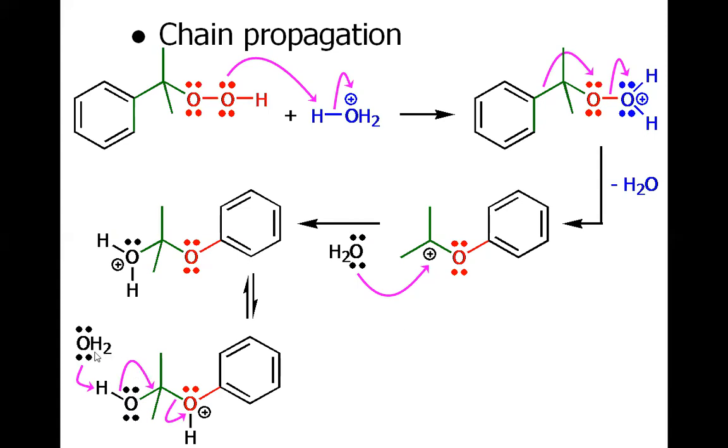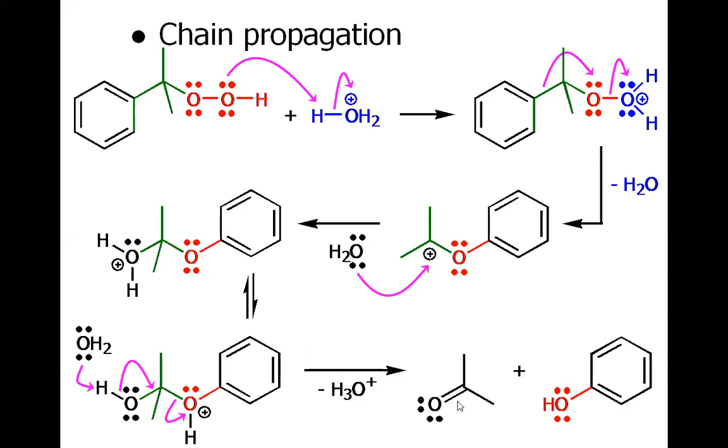And how is acetone formed? The water molecule will abstract this hydrogen, and then there will be an oxygen carbon double bond, resulting from this CO bond, which has just been made more electrophilic because of the proton shifting. So we will have this acetone formed and the phenol formed as our key products.